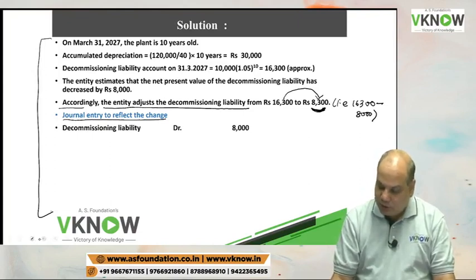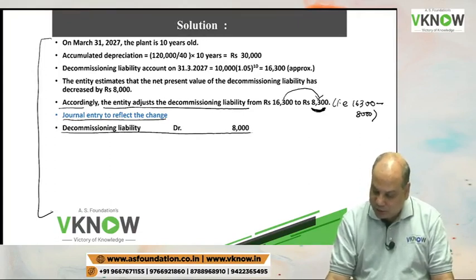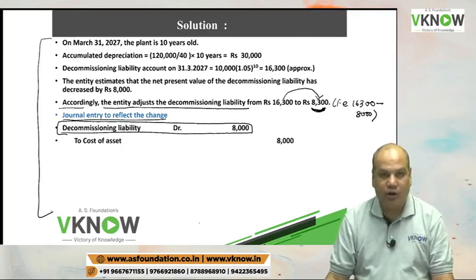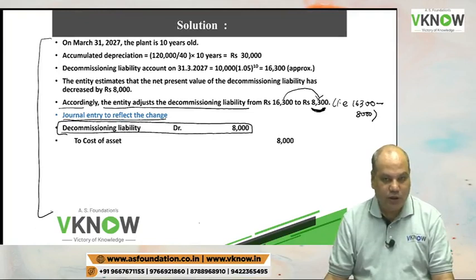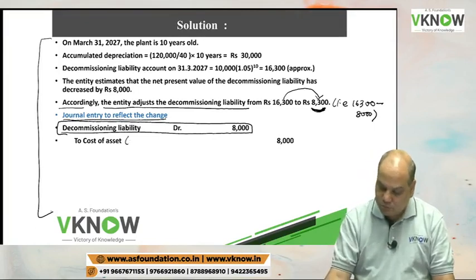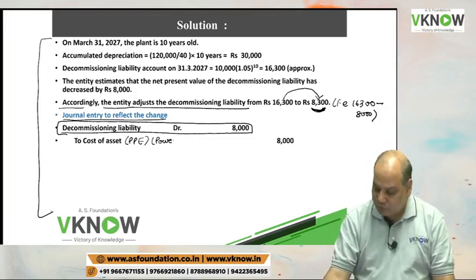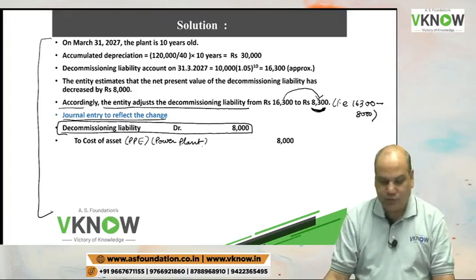My liability is reduced by 8,000 rupees. Decommissioning liability account debit 8,000 to PPE account, or to nuclear power plant account, whatever name you want to write, 8,000.